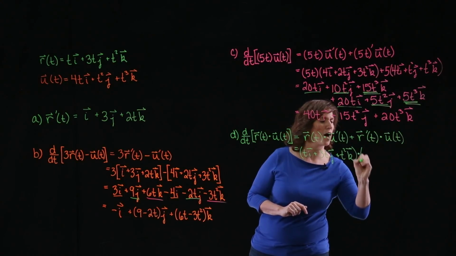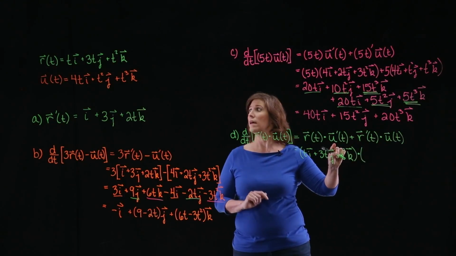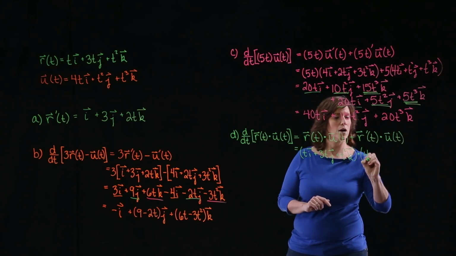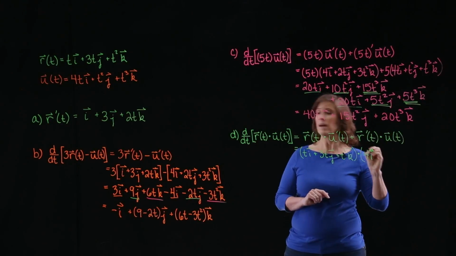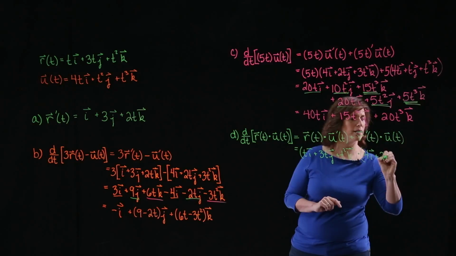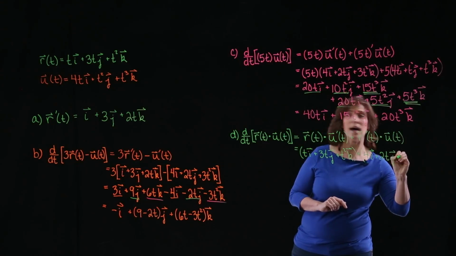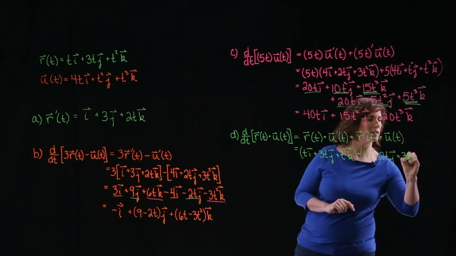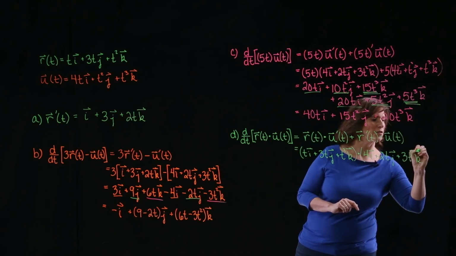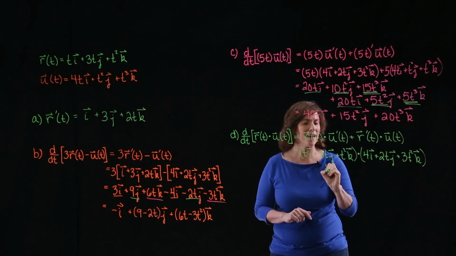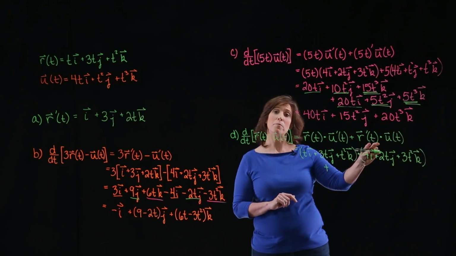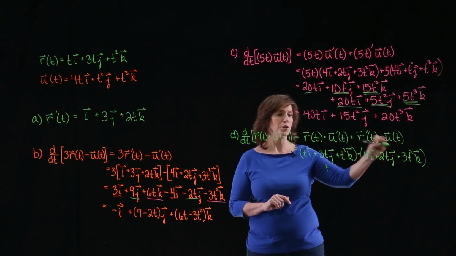And I'm going to take the dot product of that with u prime. Now u prime, remember, was 4i plus 2tj plus 3t squared times vector k. We're going to add this to the dot product of r prime and u.